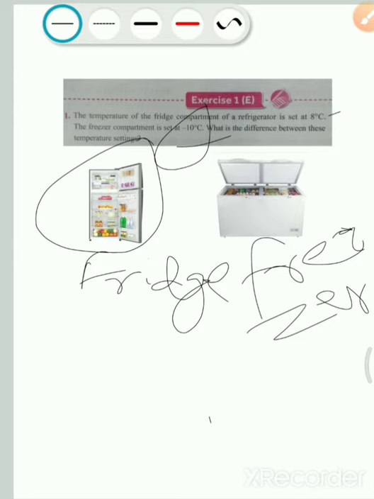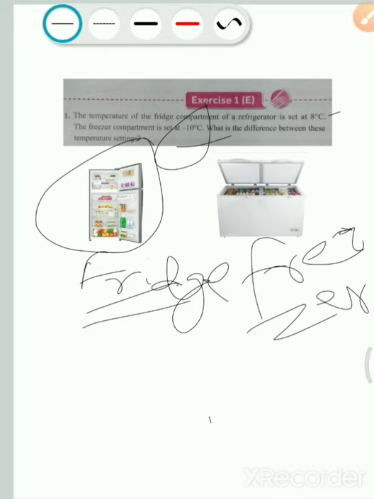Okay, so what is the work of these two objects? Suppose we talk about freeze, this will work only for keeping things cool. I mean your vegetables, your foods, whatever you are keeping in your fridge, it will be cool.